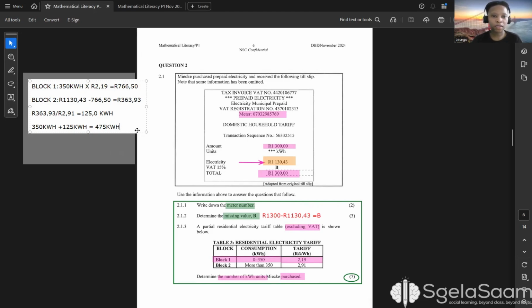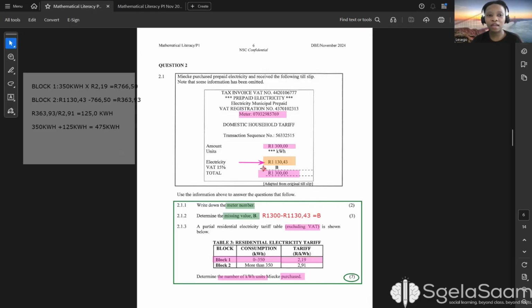And that would be your calculation, right? So you are free to go back and look at how I did this question or broke it down for you. A lot of calculations, but just remember that this is how tariffs work. So obviously the maximum is this amount, and remember that you have to use the 1,130.43 and not the 1,300 because this is without VAT.